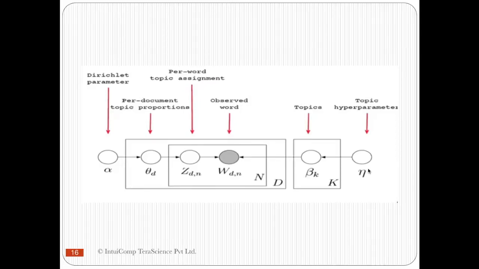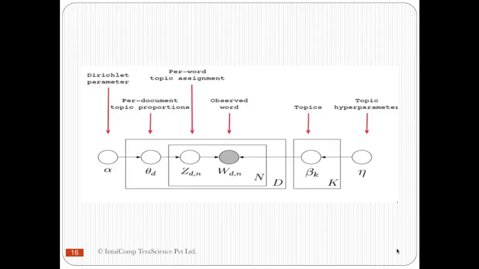Alpha and eta are Dirichlet parameters, and eta is a topic hyperparameter, which is also a Dirichlet hyperparameter. We will talk about Dirichlet hyperparameters and Dirichlet parameters alpha and eta in a later slide. Let's assume that we have used these to get the list of topics or the probability distribution.